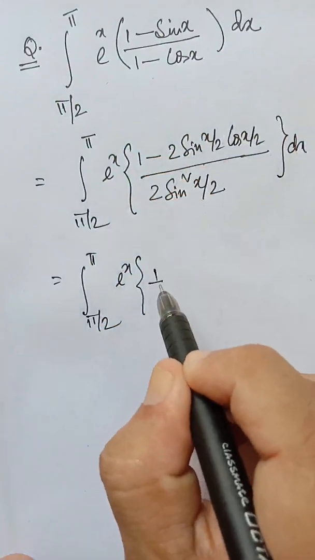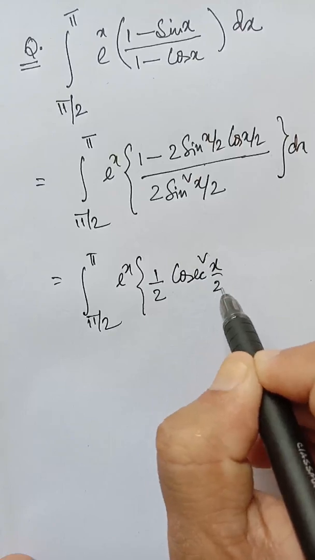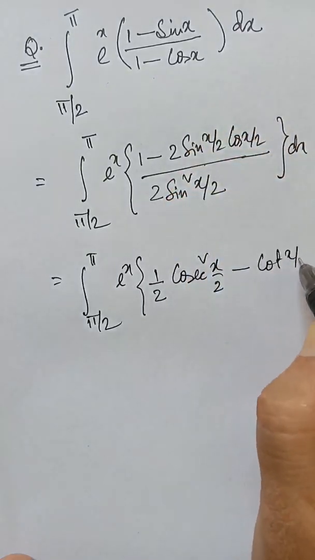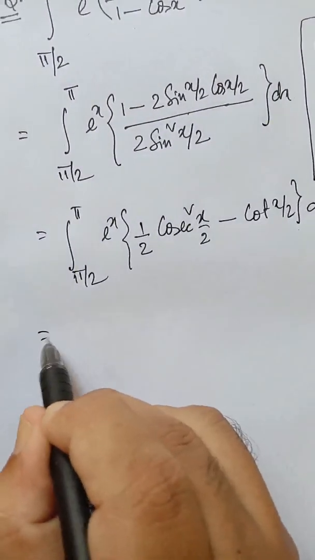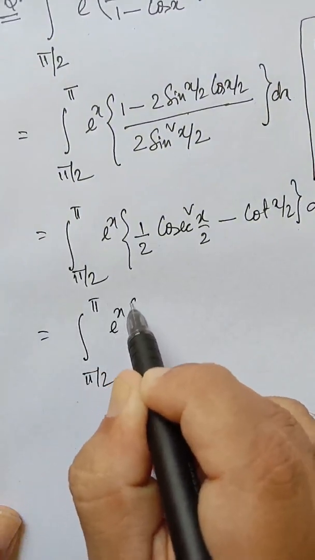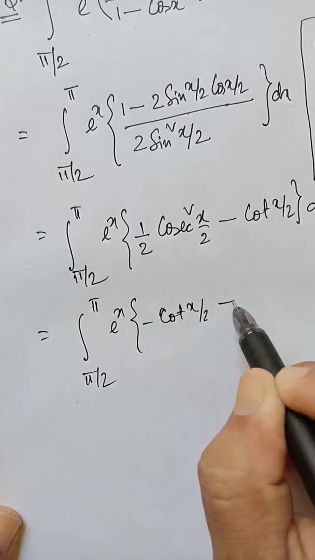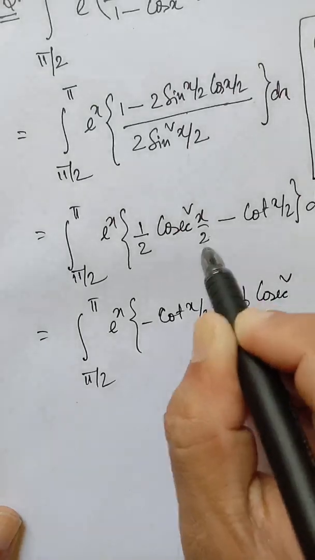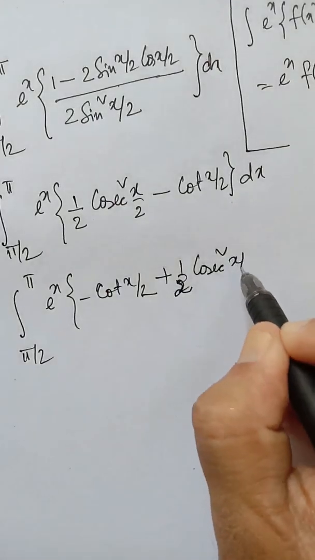So first 1 by 2, 1 by sin square x by 2 is cosec square x by 2, minus this by this is cot of x by 2, dx. Integration from pi by 2 to pi of e to the power x into, we will write in this way, minus of cot x by 2 plus half cosec square x by 2.